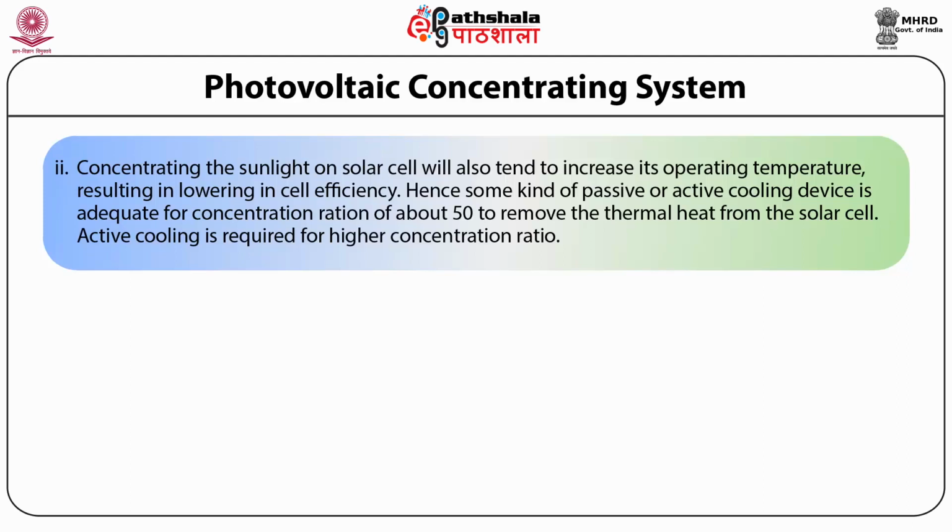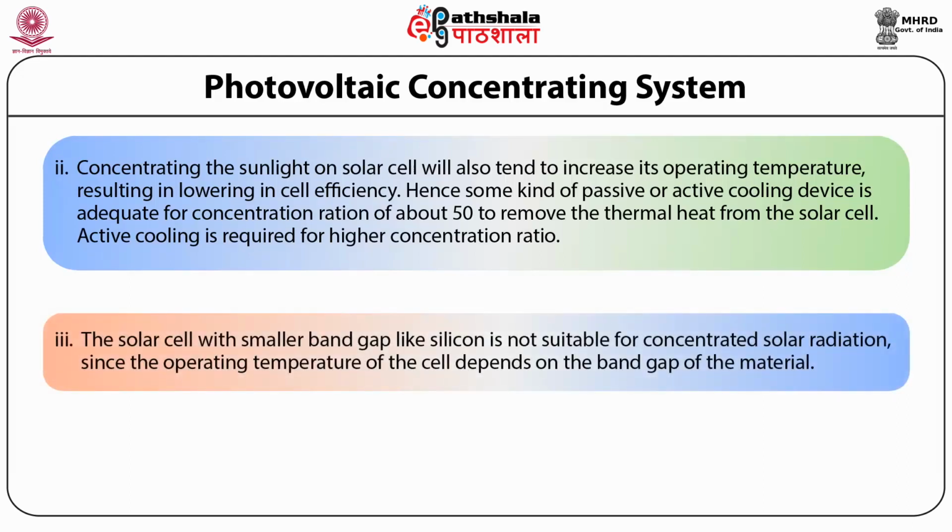Third reason is that the solar cell with smaller band gap like silicon is not suitable for concentrated solar radiation, since the operating temperature of the cell depends on the band gap of the material.